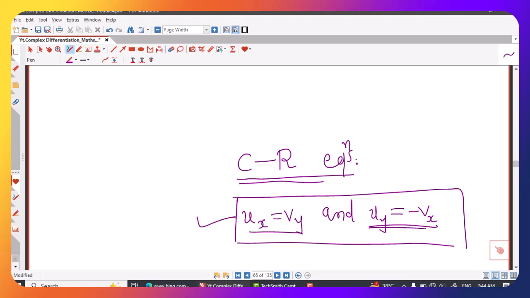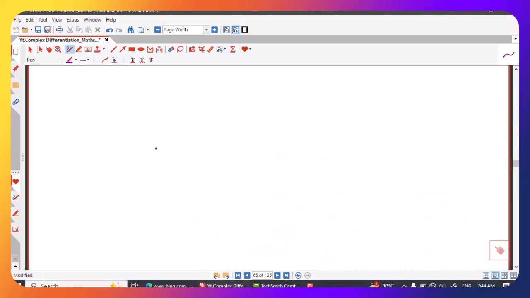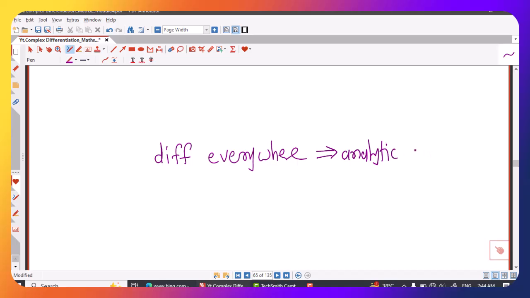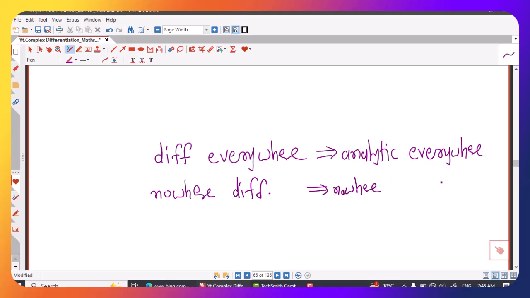After that you can remember the definition of an analytic function: a function which is differentiable everywhere is always analytic everywhere. So whenever your function is differentiable everywhere, you can directly write that it is analytic everywhere. Similarly, if your function is nowhere differentiable, then it is nowhere analytic.